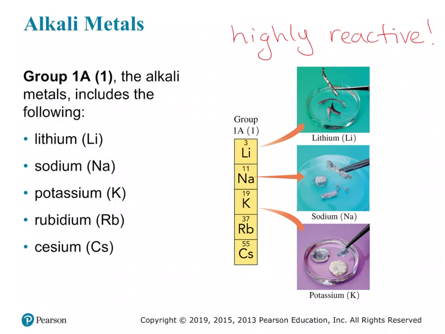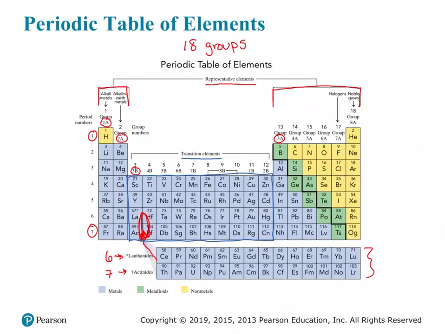All right, so group 1A, the alkali metals. So this includes lithium, sodium, potassium, rubidium, and cesium. Now, you might have noticed hydrogen is not listed here. So if we go back to this periodic table, in group 1, hydrogen is not considered an alkali metal.